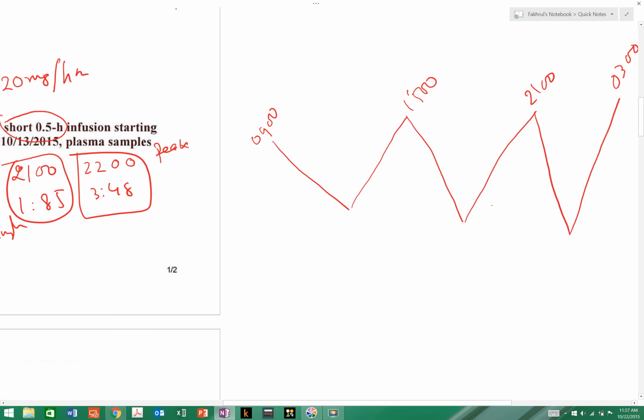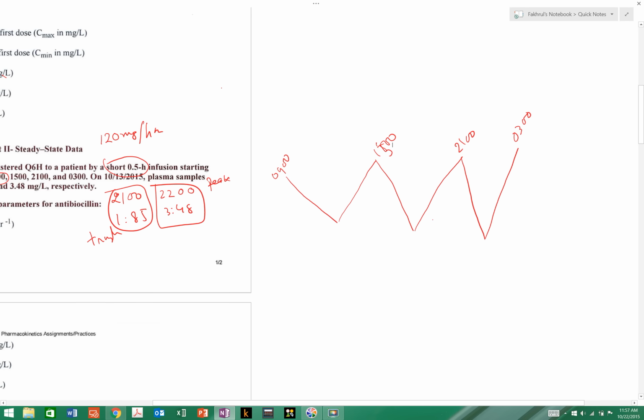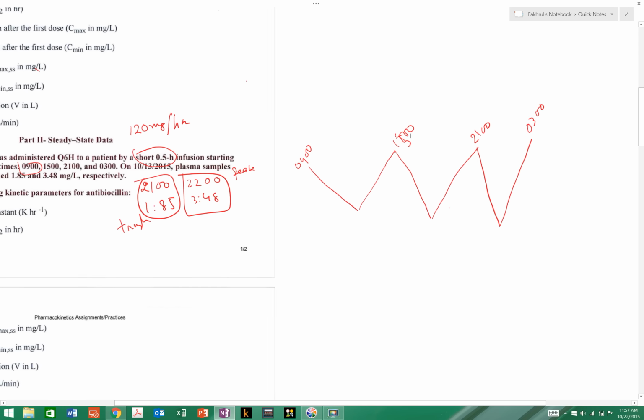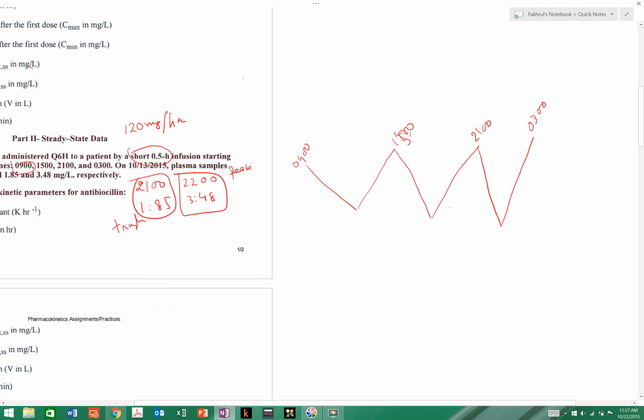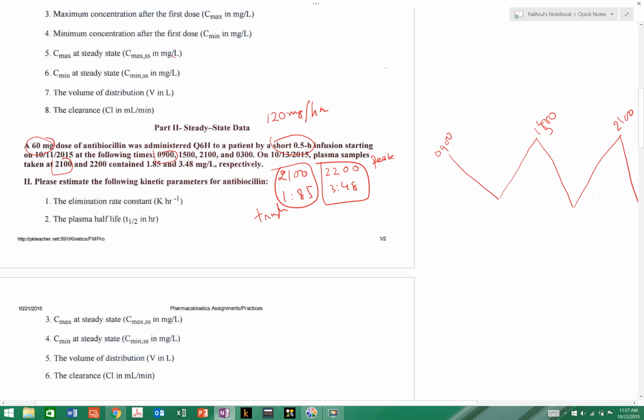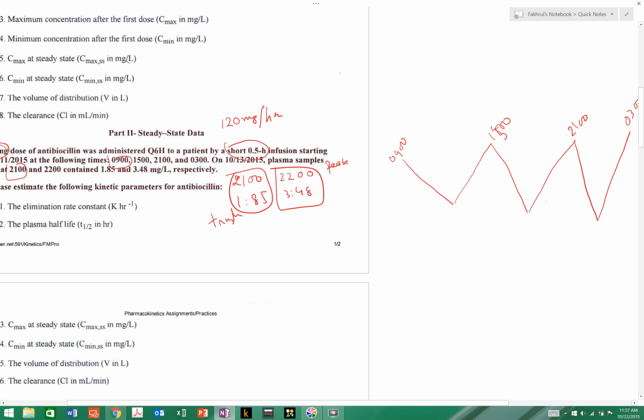I didn't do a good job in drawing this, but I guess you understand. Here you see the plasma samples were taken at 2100 and 2200.